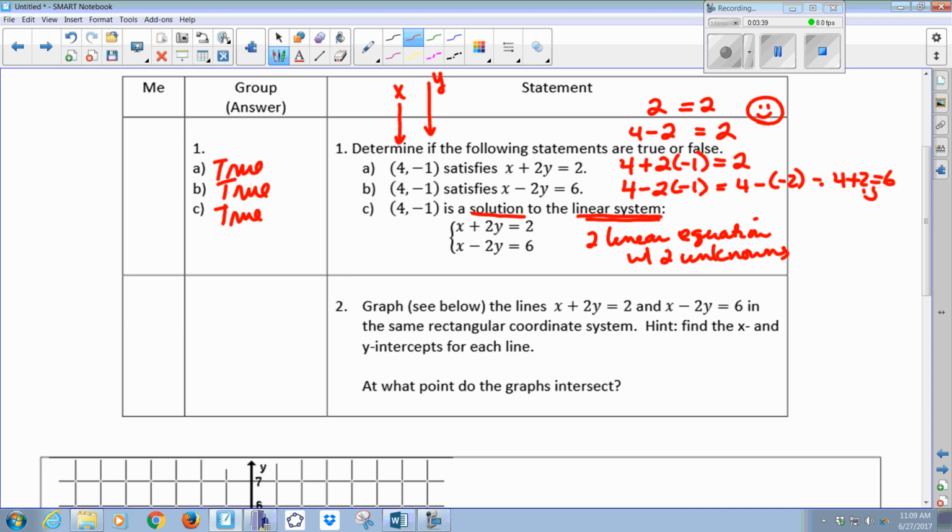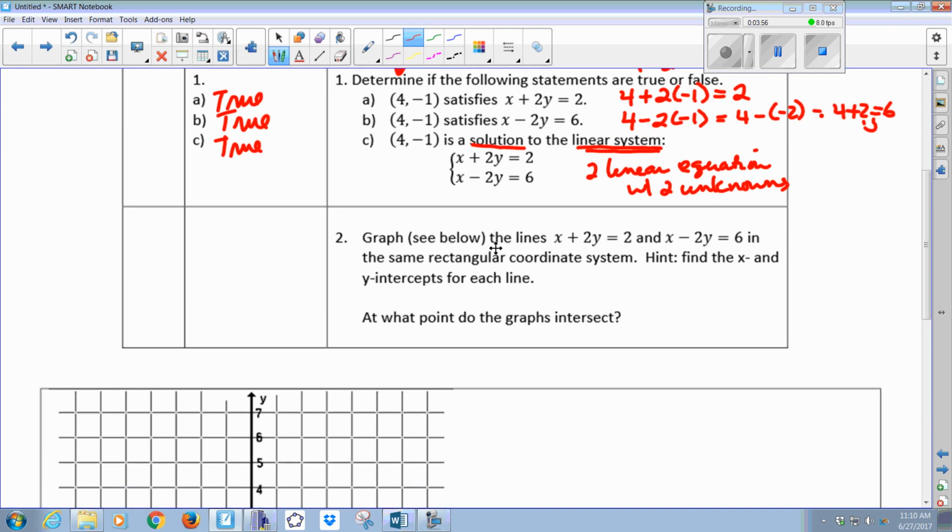Now we're going to take a look at all of this visually. We're going to look at graphing this line and graphing this line, and then we're going to see the relationship between (4, -1) being a solution to both of these lines, and visually what that looks like.